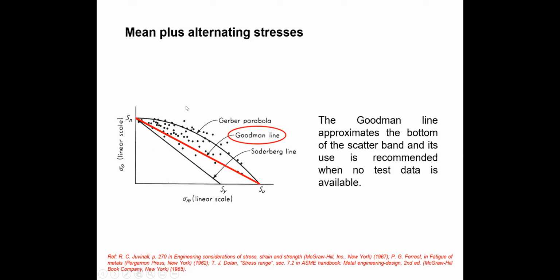But if it is above this line, it is not safe and it will fail. Inside this region, the material has infinite fatigue lifetime. If it is above, it is finite fatigue lifetime and it will fail after a certain number of cycles.